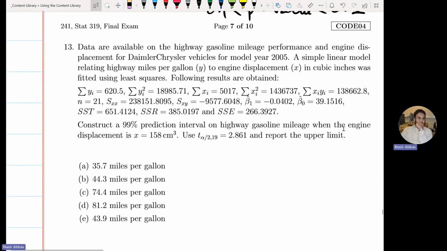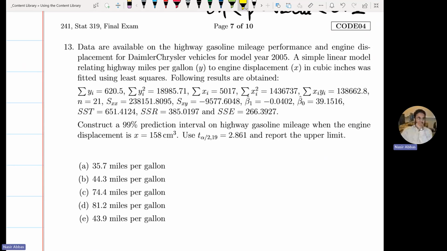This is more of a calculation question. Data are available on the highway gasoline mileage performance and engine displacement for the Daimler, I don't know what vehicle, for model year 2005. A simple linear regression model relating the mileage to engine displacement was fitted using the following results.